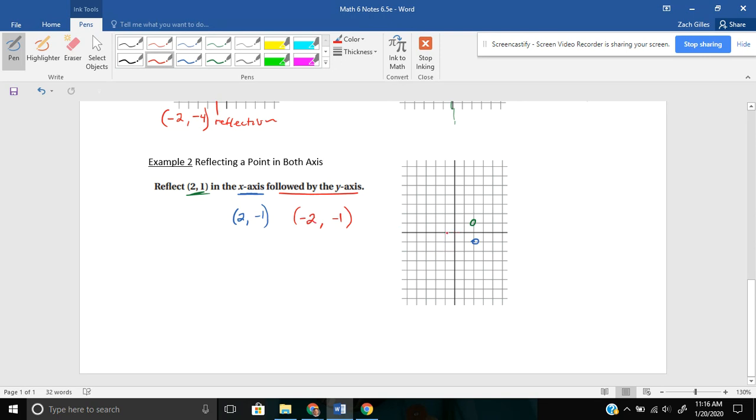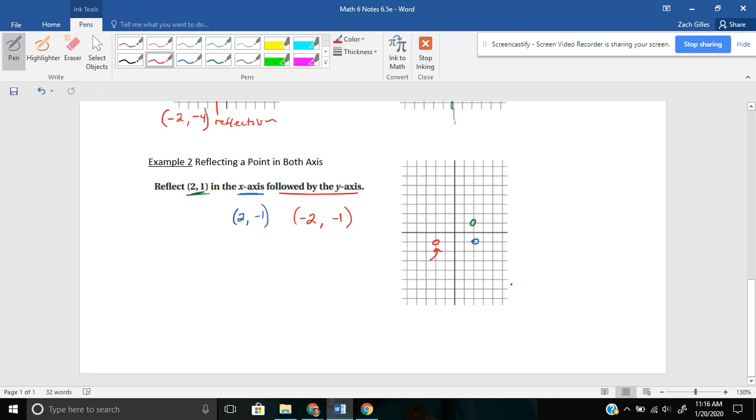All right, so -2, -1 would be right there. Okay, so 2, 1 reflected in the x followed by the y-axis. The ending point would be -2, -1. Okay, reflecting over the x and then the y. All right, so just make sure you're paying attention to the wording. For these, it says followed by. That first point is important.